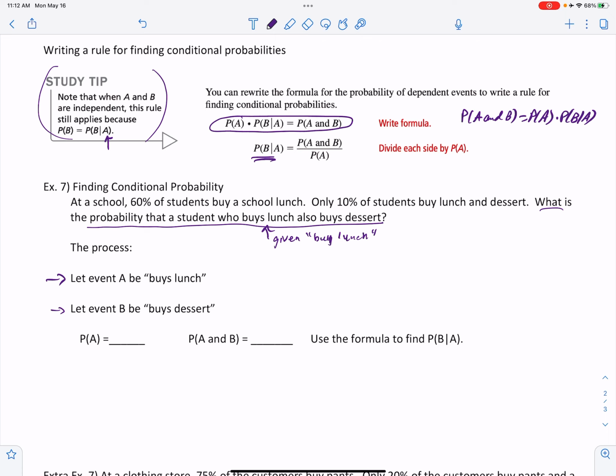And so if A is buying lunch, that probability is 60%, change it to a decimal, 0.6. And they told you that 10% buy lunch and dessert, so that probability is 0.1.